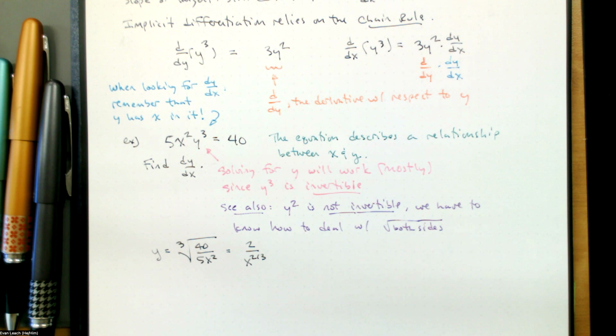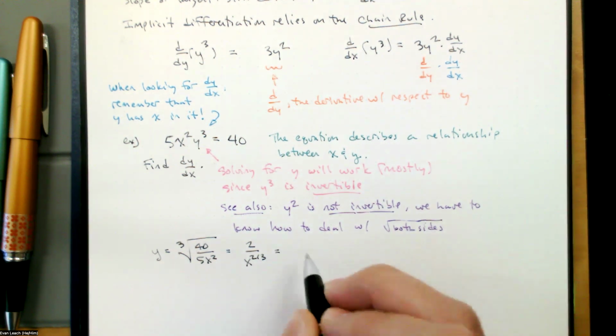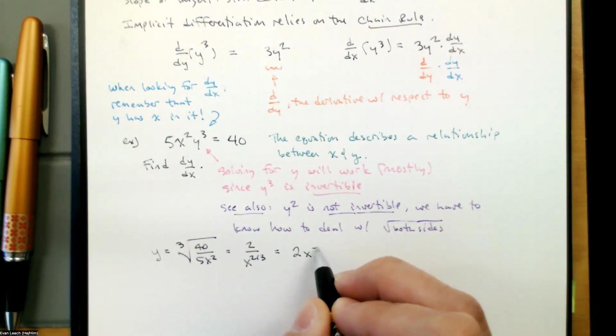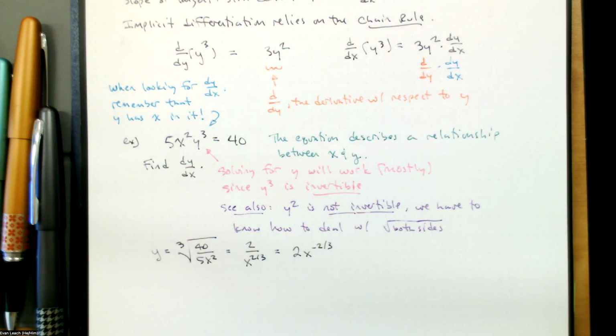I could write y as 2 over x to the 2/3, or 2x to the negative 2/3. We didn't have to do anything fancy because the inverse of a cube is a 1/3 power, or a cube root.